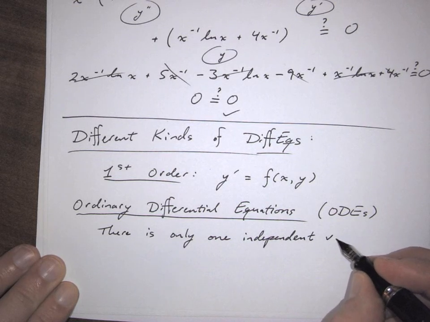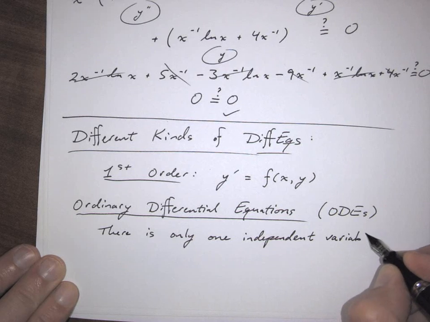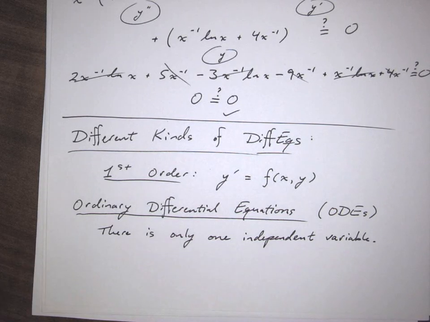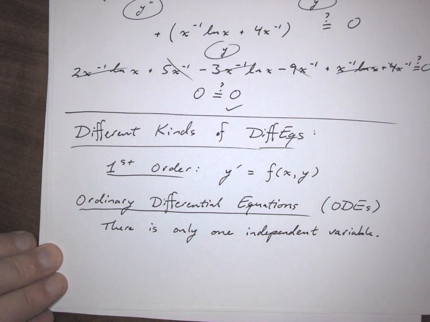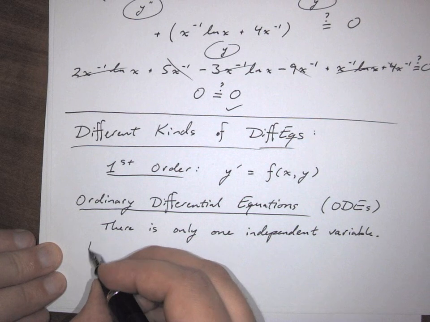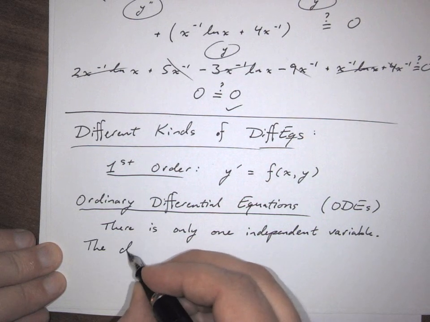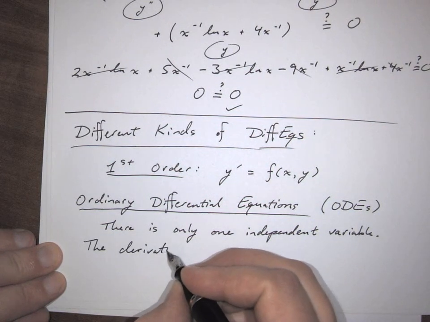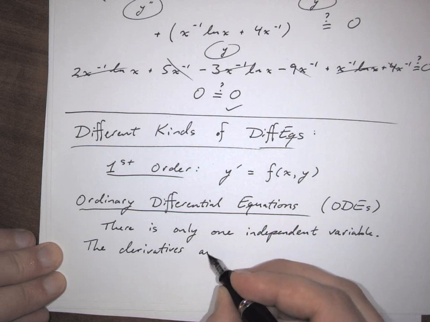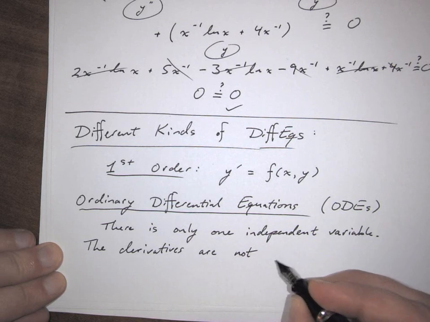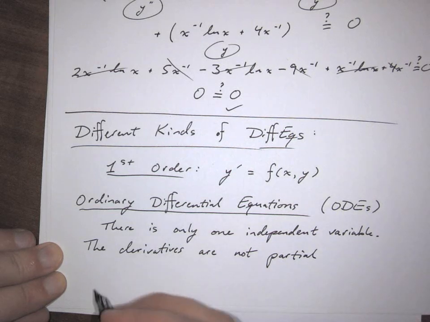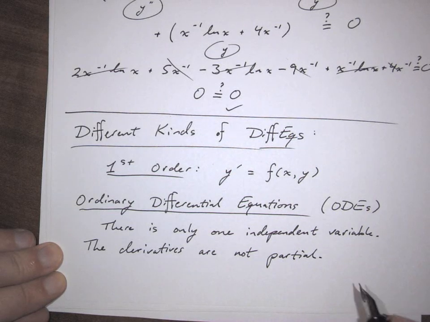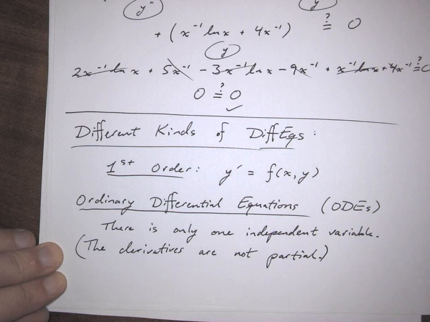There's only one independent variable. So the derivatives that we're talking about are ordinary derivatives. They are not partial derivatives, but just regular good old-fashioned derivatives. So the derivatives are not partial.